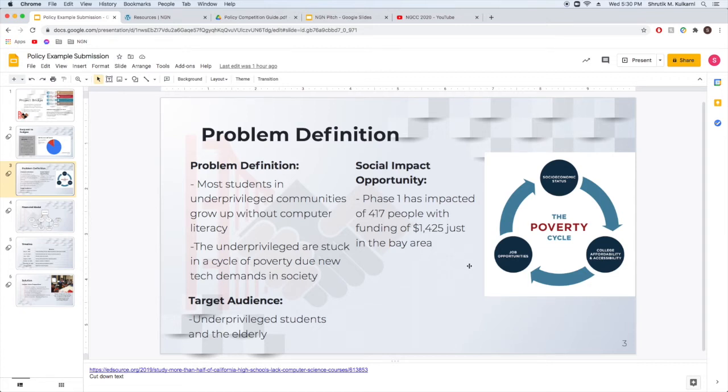And then we could see a direct correlation between the lack of technology, the lack of opportunity, and the consistent rate of poverty, right?